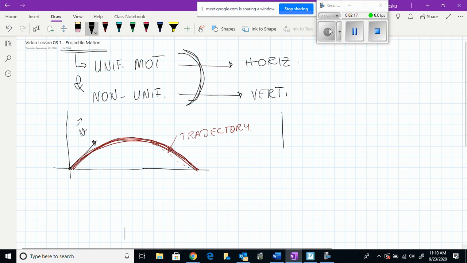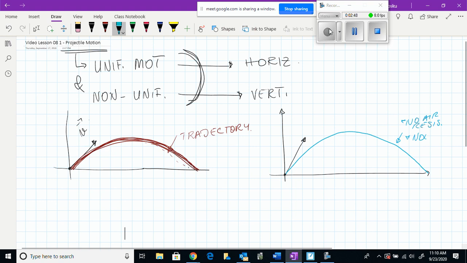If an object is thrown from a certain point with an initial velocity at a certain angle, the trajectory in the ideal situation with no air resistance and no wind will look like this.